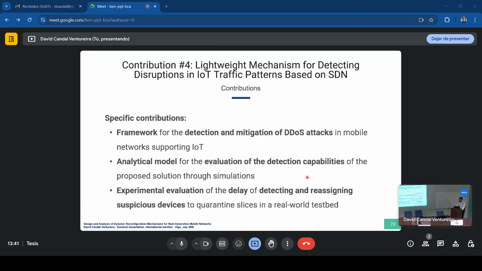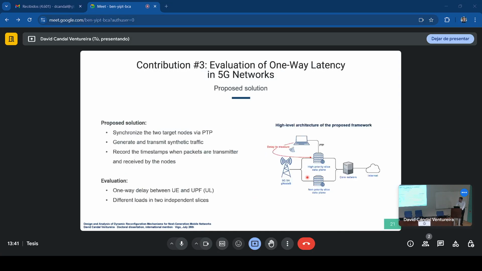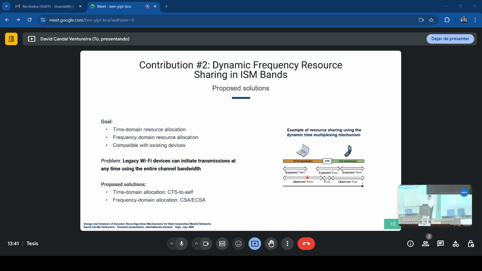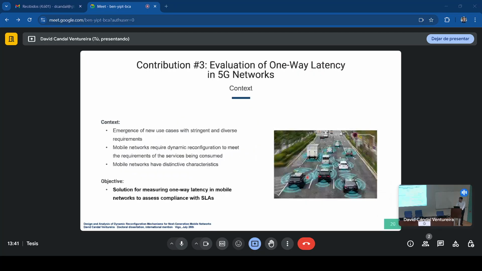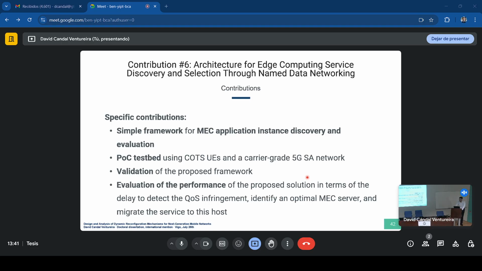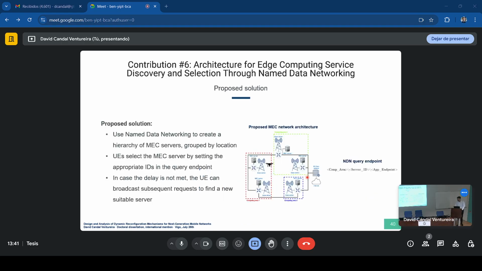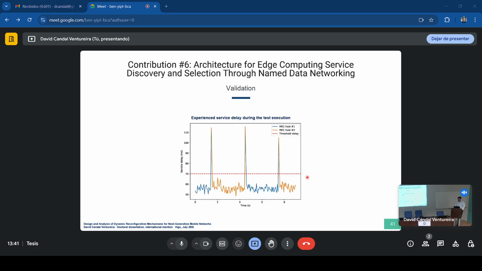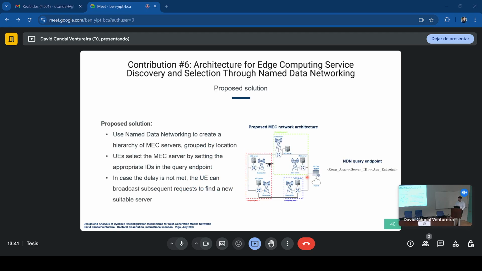I think that maybe, I don't know, the most interesting one in terms of commerciality and production is this one, because of the relevance of edge computing. I think this is a cool solution to publish services with names instead of IP addresses, solving a crucial issue with this paradigm, which is the allocation of computing resources to the users.